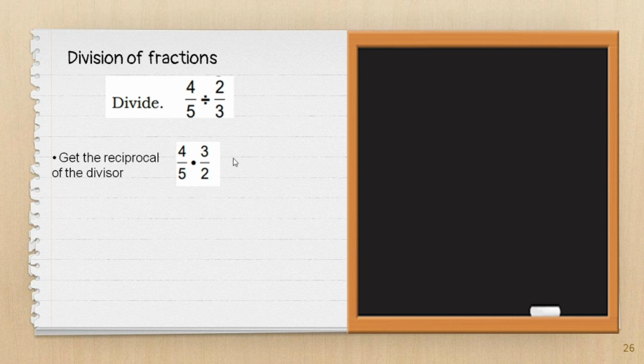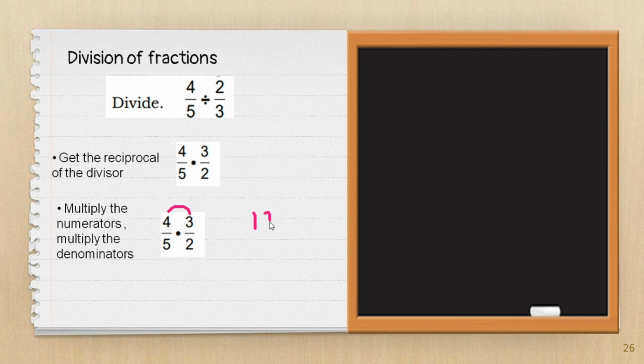After that, we can multiply now the numerators and denominators. Kagaya ng rule natin sa multiplication kanina, di ba? So, we have 4 times 3, that is 12. Over 5 times 2, that is 10. Tama? So, we have 12 over 10. But, we can still reduce that in lowest term.